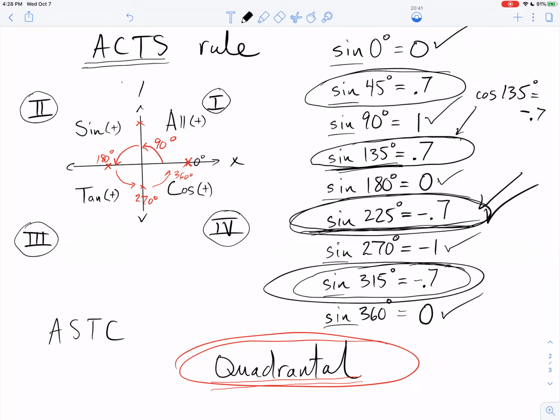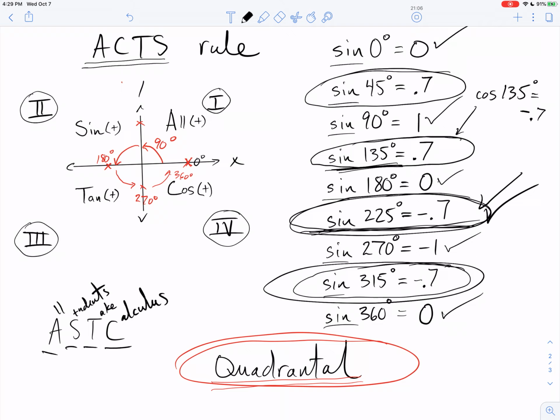That is the job of the ASTC rule. And once again, some people don't like to go clockwise. If you go counterclockwise, Miss Quigley says all students take calculus. That's how she teaches the ASTC rule.